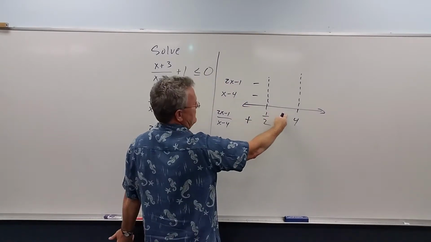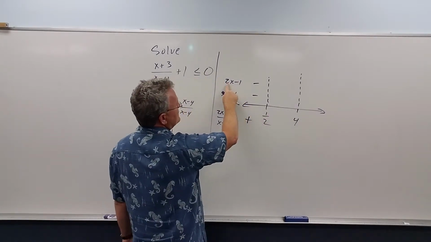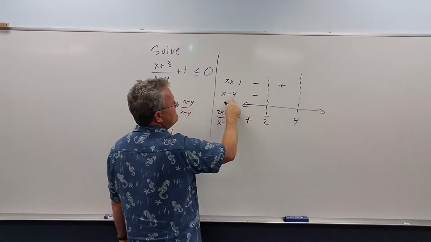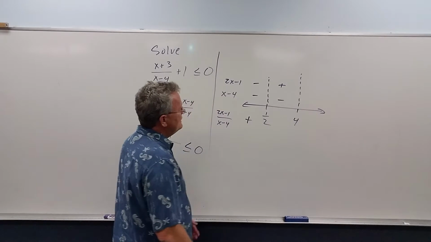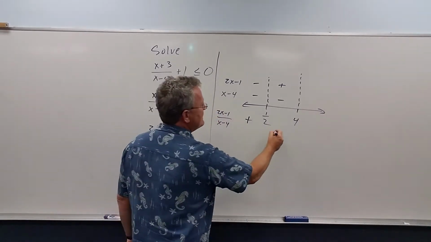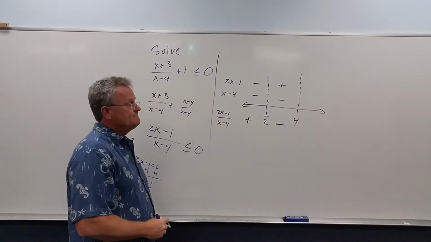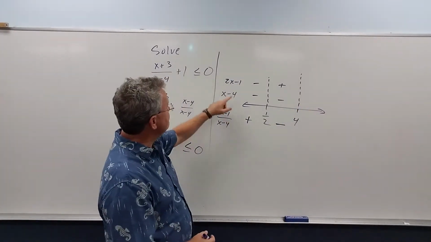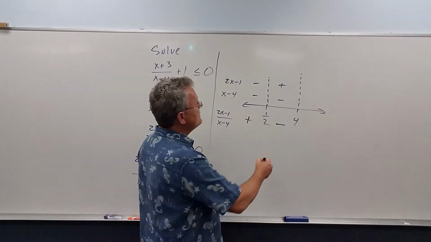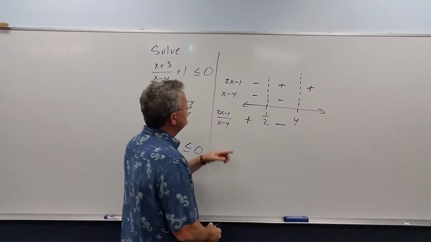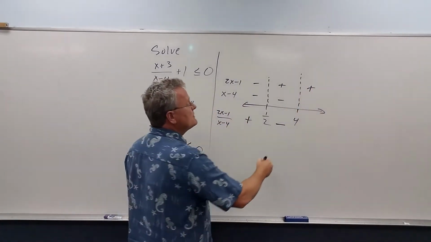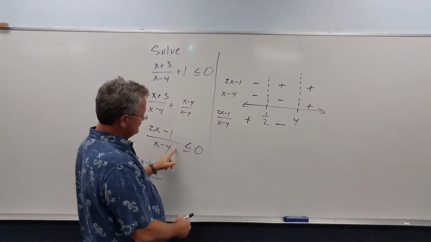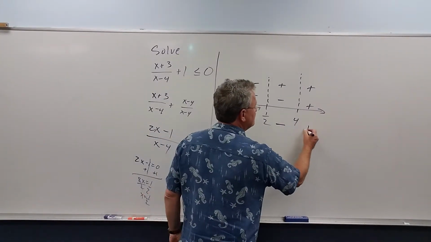I'm going to pick 3. 2 times 3 is 6 minus 1 is a positive. 3 minus 4 is a negative. And a positive divided by a negative is a negative. I'll pick a number bigger than 4. Let me pick 5. 10 minus 1 is 9, which is positive. 5 minus 4 is a positive. And a positive divided by a positive is a positive.